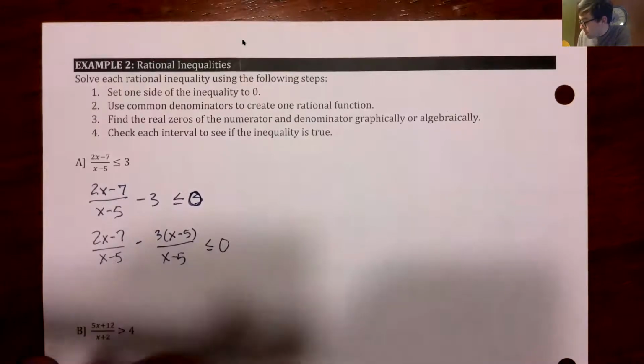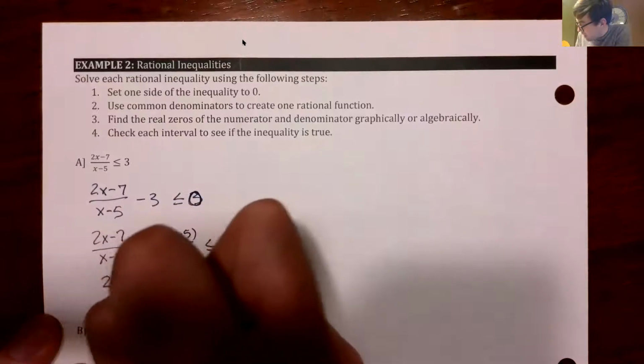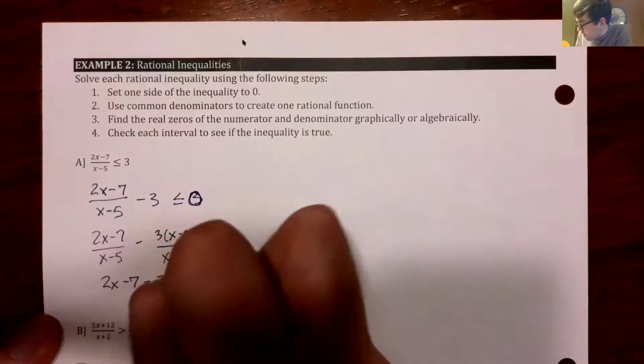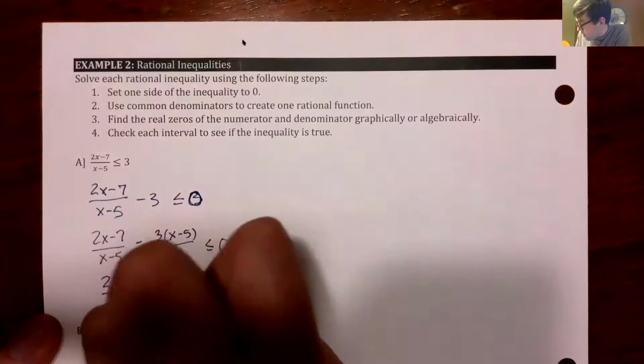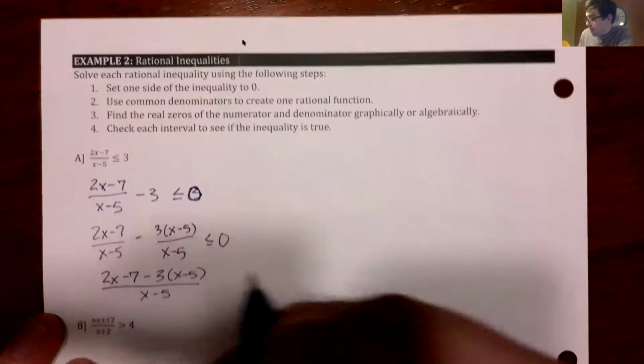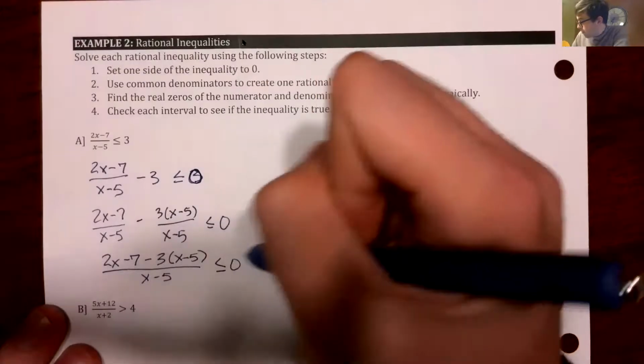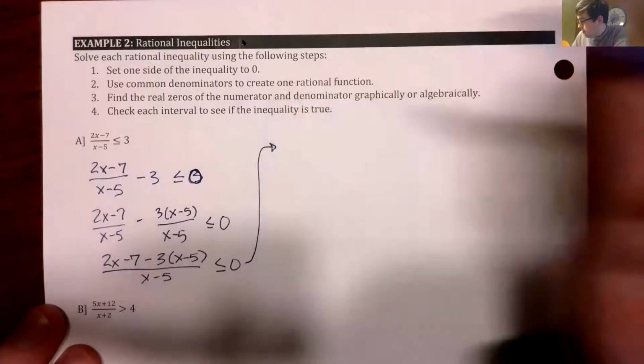So the next step is going to be to combine. So we have 2x minus 7 minus 3 times (x minus 5) all over (x minus 5). Right? So when you combine with common denominators, the bottom stays the same. So that is less than or equal to 0 still. And I'm going to keep going up here.